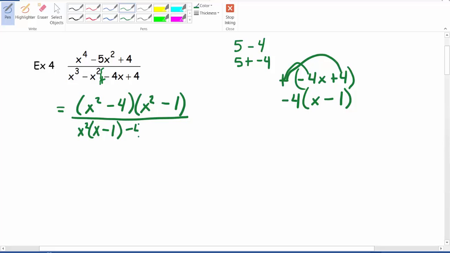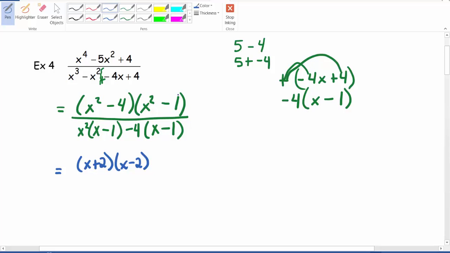So negative 4 times x minus 1. Going ahead and factoring this further, just looking at this x squared minus 4, we see that we have the difference of two perfect squares. We can break that down into x plus 2 times x minus 2.